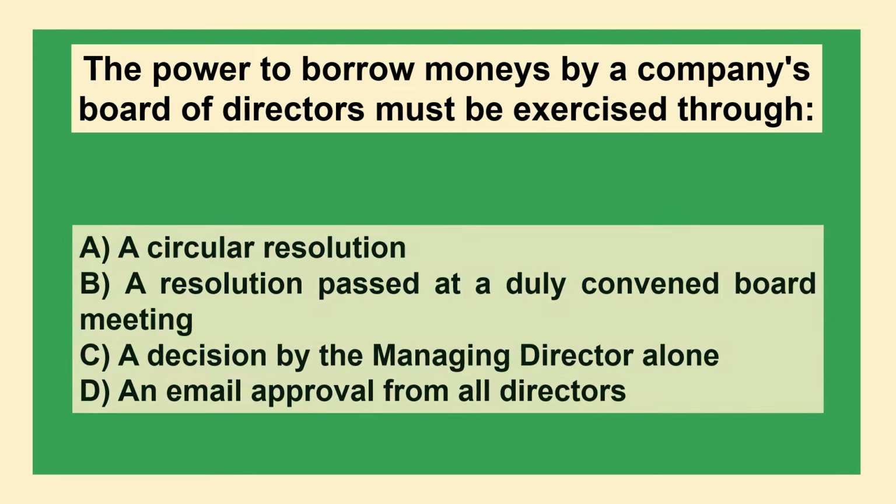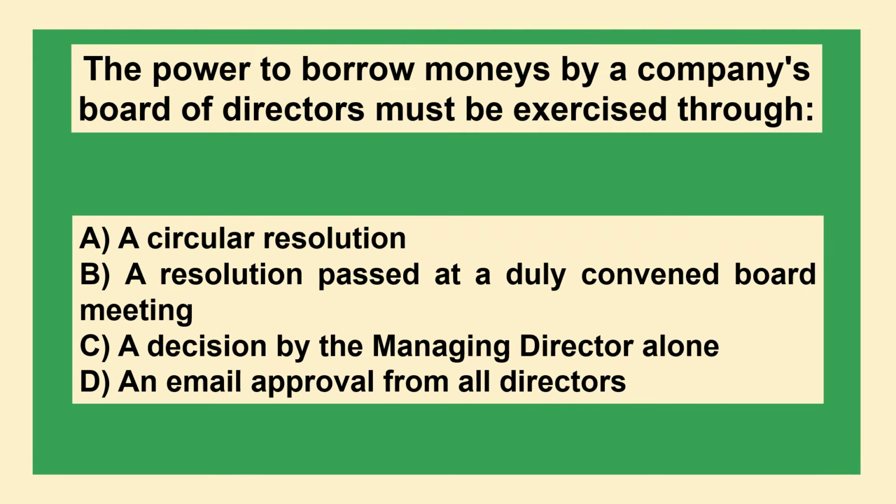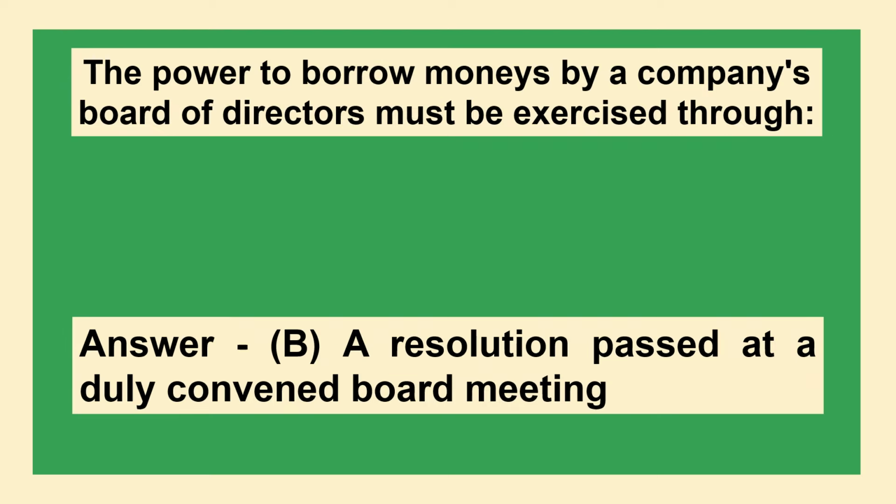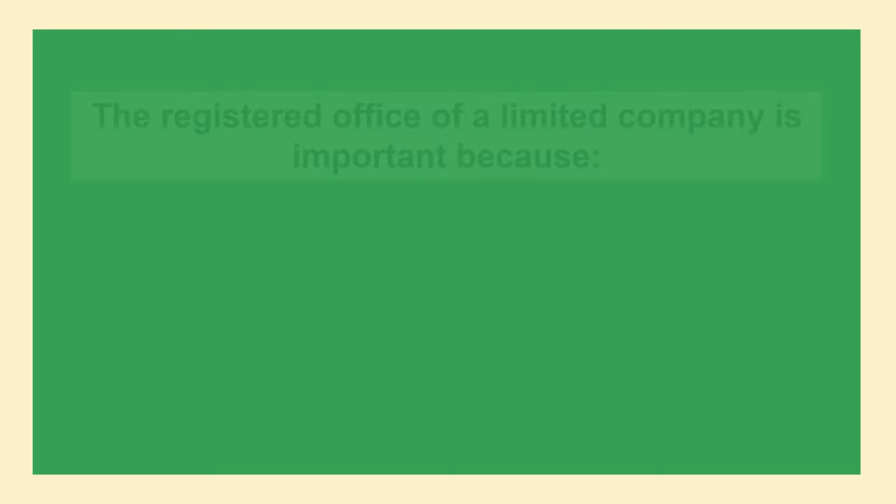The next question is, the power to borrow monies from a company's board of directors must be exercised through option A, a circular resolution; option B, a resolution passed at a duly convened board meeting; option C, decision by the managing director alone; option D, an email approval from all directors. The correct answer is option B, a resolution passed at a duly convened board meeting.